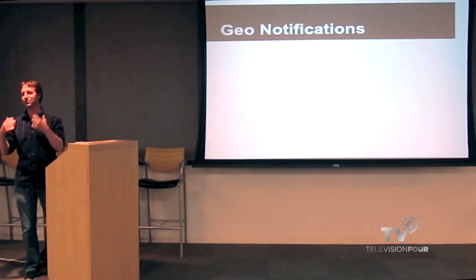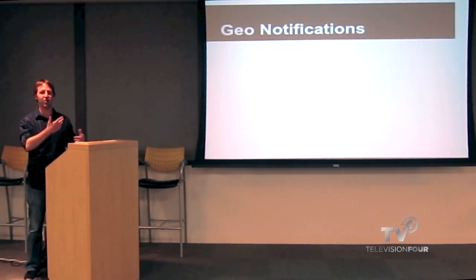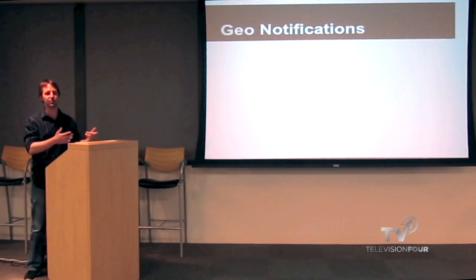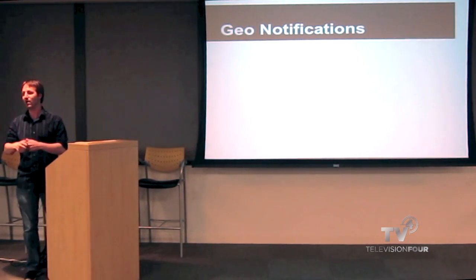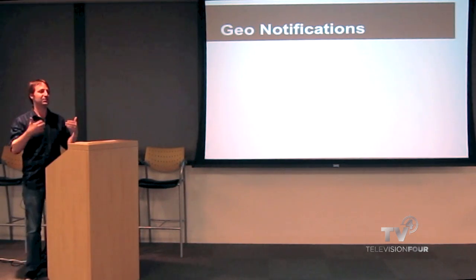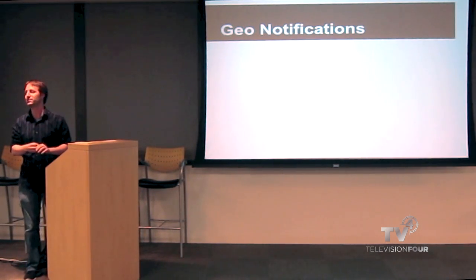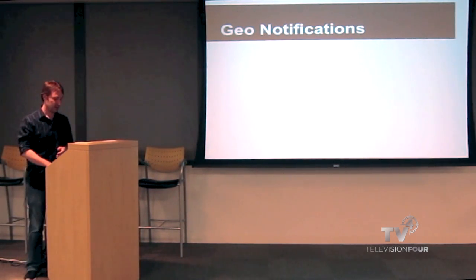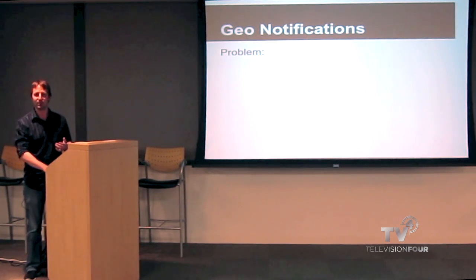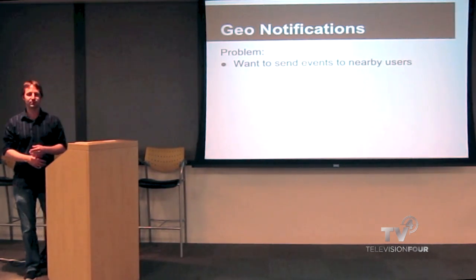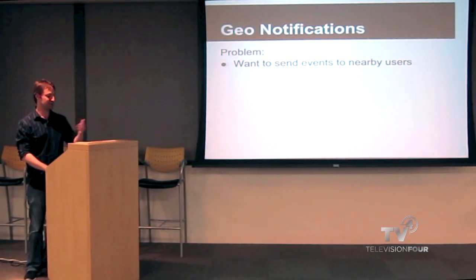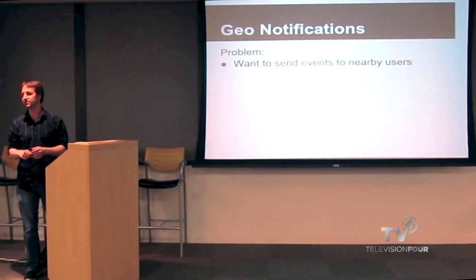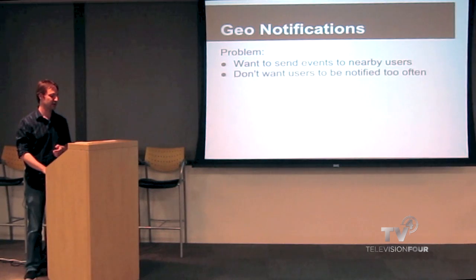So, geo-notifications. This is kind of the odd man out, but I like this particular problem because it can solve a certain group of problems that a lot of these location-sensitive platforms have nowadays. And basically, the problem can be defined as there's some events that are occurring, and you want to send these events to nearby users that are nearby this particular event.